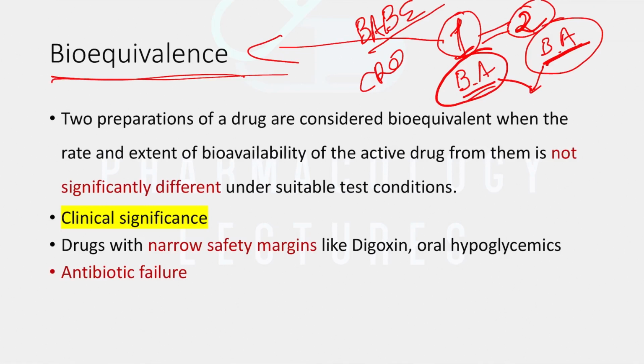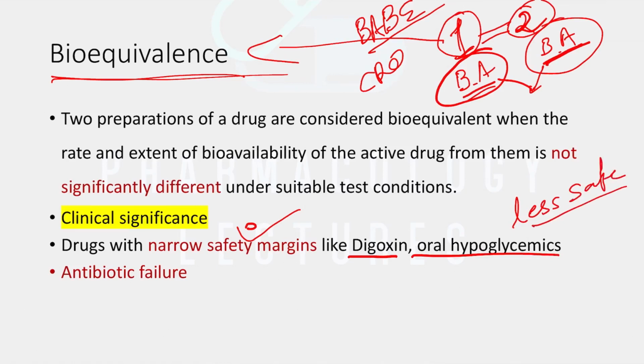Now, why are bioavailability and bioequivalence important clinically? There are mainly two things, and the most important is narrow safety margin. We will discuss this narrow safety margin in detail, but briefly, narrow safety margin means drugs which have a lesser safety profile, less safe drugs.